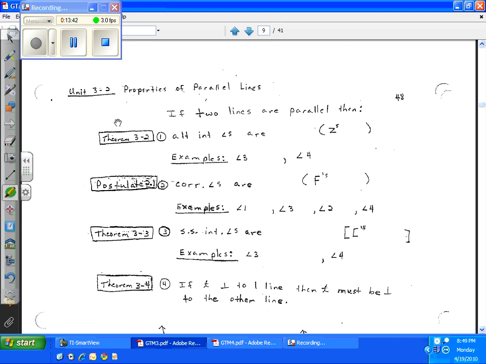Now, these rules can be proven in two-column proofs, but what I've chosen to do most of the time here is to let the student actually discover this using tools of construction so that they get that experience as well as an actual visual understanding of what the rule really means, okay?